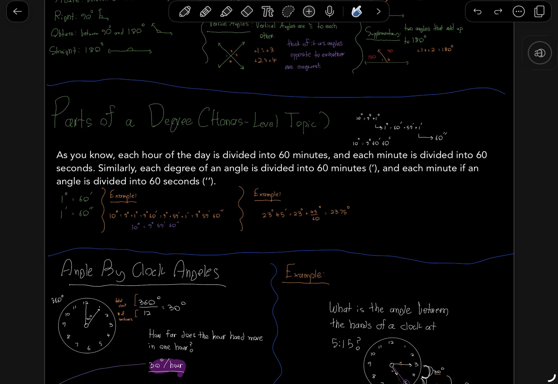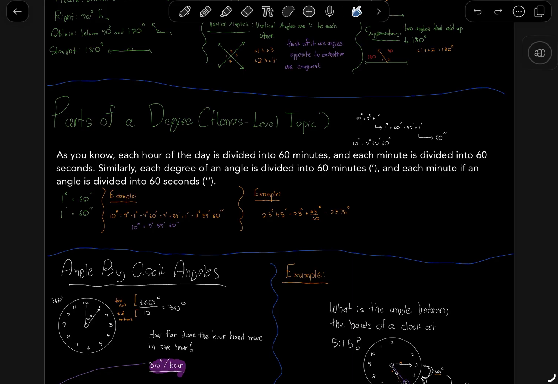So similarly, each degree of an angle is divided into 60 minutes, and each minute of an angle is divided into 60 seconds. Now you might be wondering, how does an angle even have minutes and seconds? That doesn't really make sense.